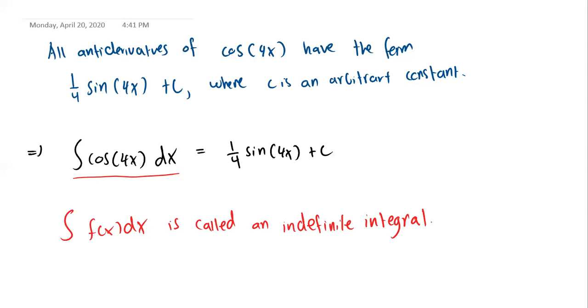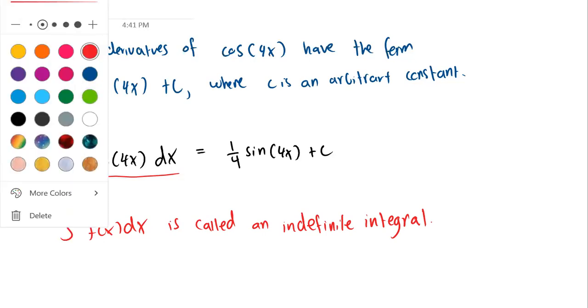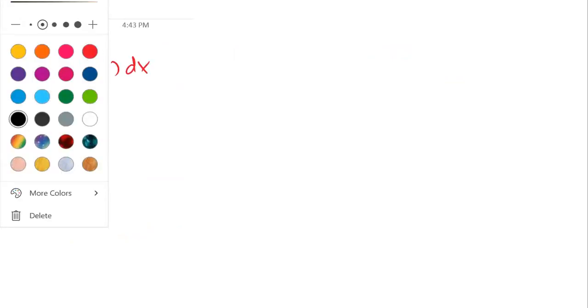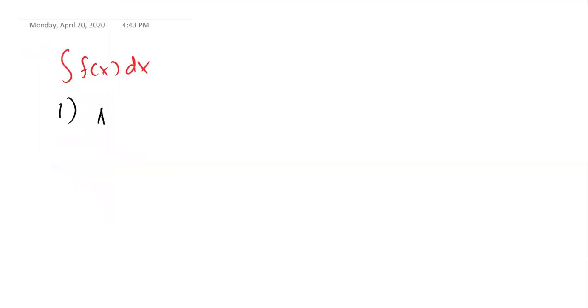But for now, whenever you see the symbol integral of f of x dx, you want to think of two things. What are those two things? Well, think this is all antiderivatives of f on some interval.